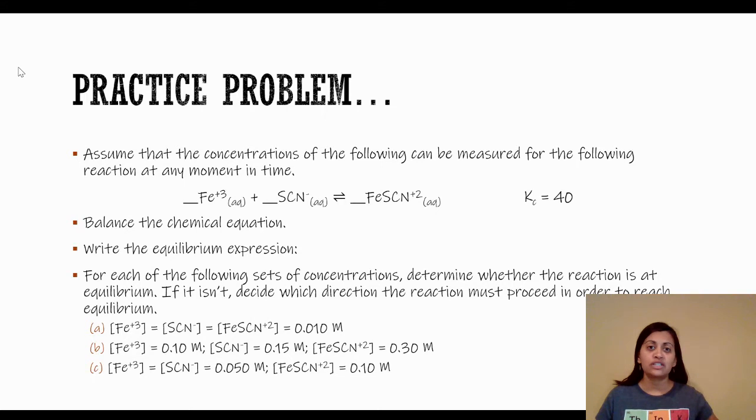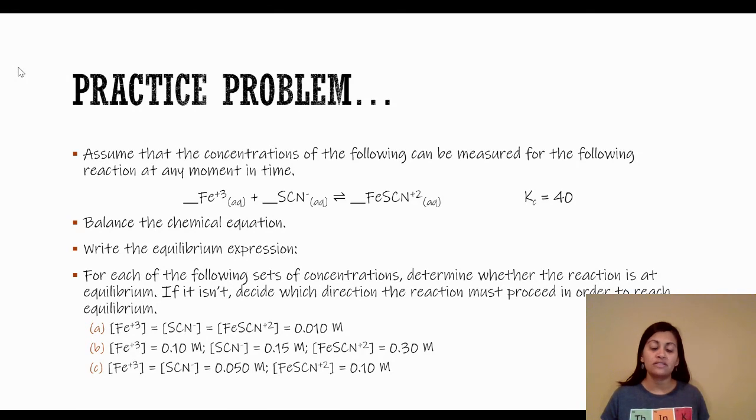So here's another practice problem. We're assuming that the concentrations of the following can be measured for the following reaction at any moment of time. So we have iron 3+ plus thiocyanate ion in equilibrium with iron thiocyanate, and the equilibrium constant for this, the Kc, is 40. So first we're going to balance the chemical equation, then write out the equilibrium expression.